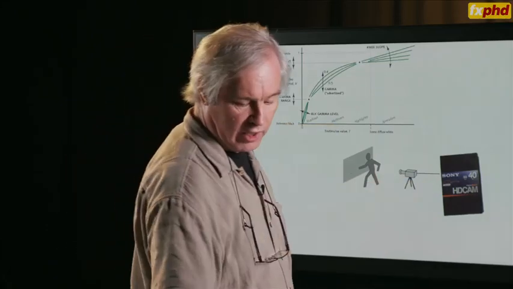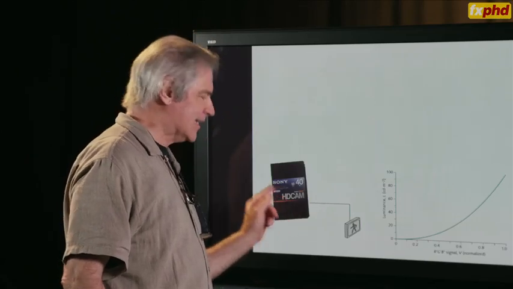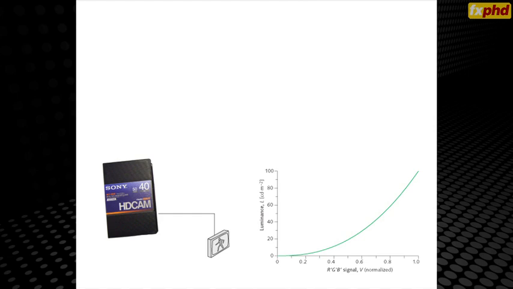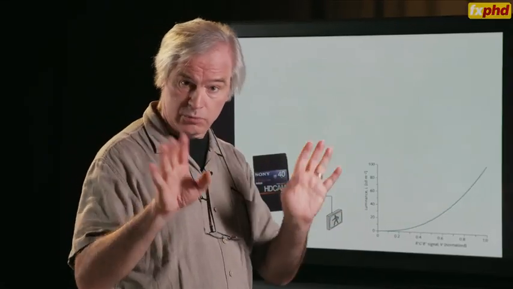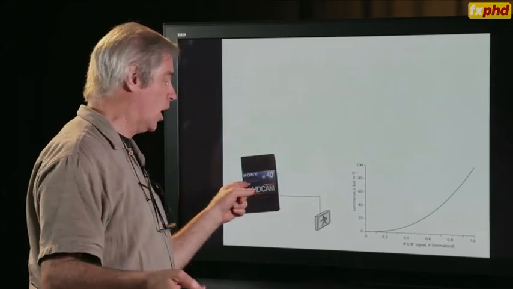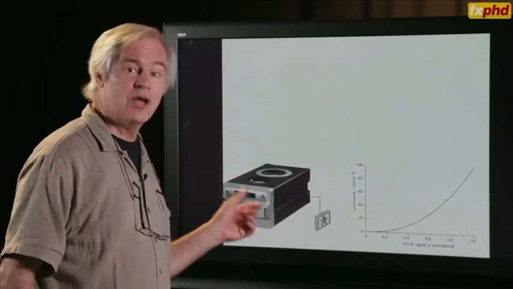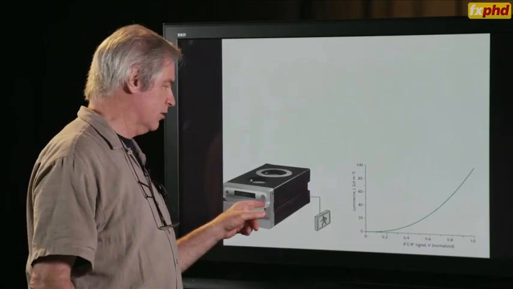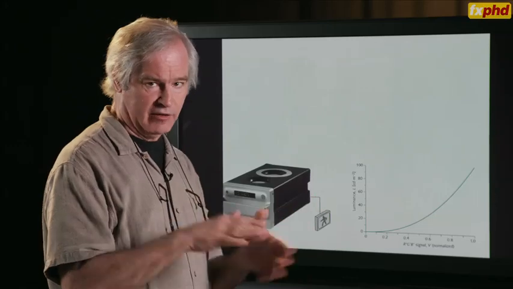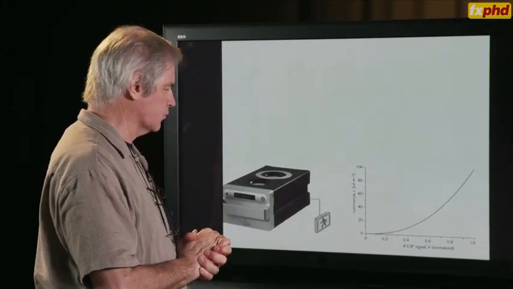What I really mean when I hand you 709 material is I'd like you to go out to the display through a curve like this. And this is the BT.1886 standard, and it says just 2.4 gamma. And this argument doesn't just apply to data laid down on HD tape. This could be 709 data on a Codex disc pack or any other kind of recording media that you want.